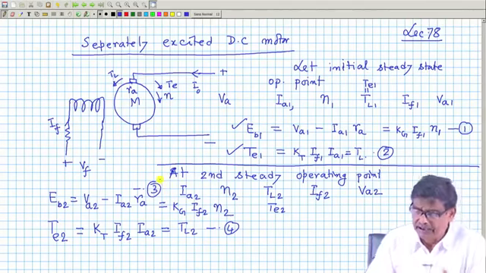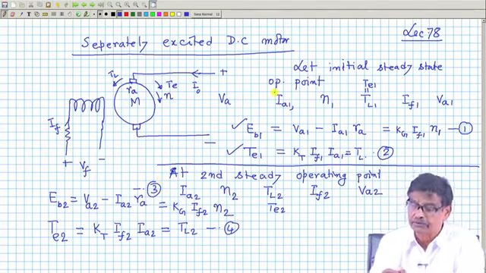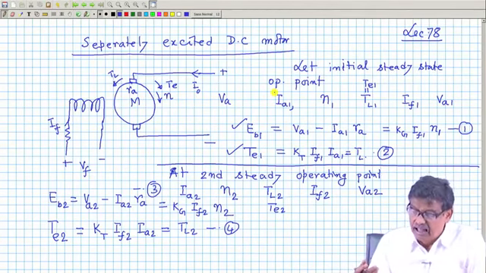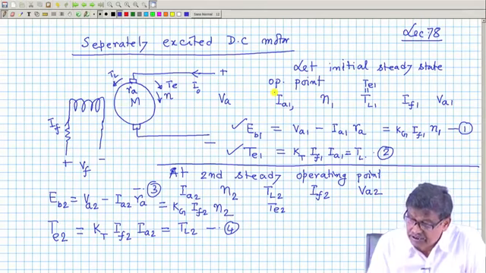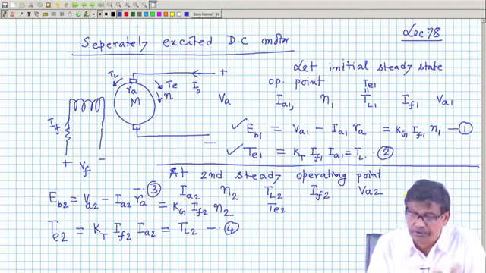Suppose I have played with the field current and the armature voltage, changed them, and in the new condition I find it is running once again in steady state at RPM N2, with IA2, TL2, IF2, VA2.